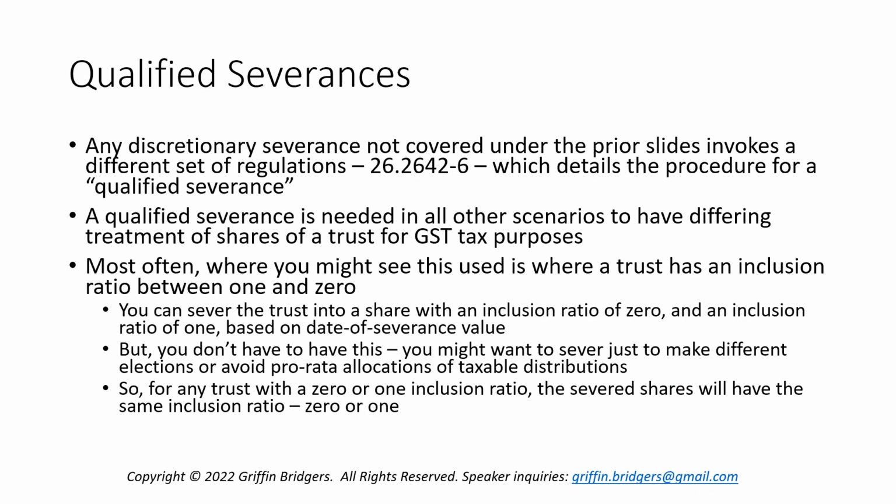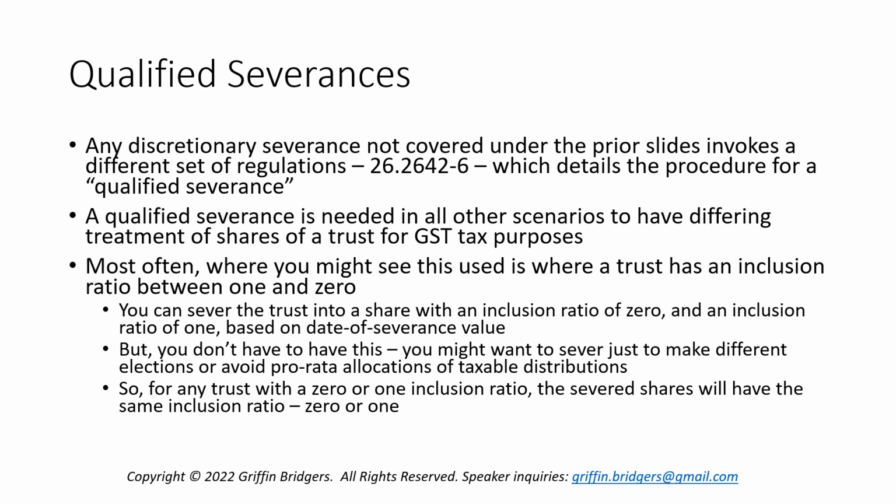Now, really what this boils down to, in all scenarios where there's a severance that's discretionary and not mandatory, you have to have a qualified severance in order to have a differing treatment of shares of a trust for GST tax purposes, checking off all four of those characteristics we looked at in the beginning. So usually where you're going to see this applied is in a situation where a trust has an inclusion ratio between 1 and 0.